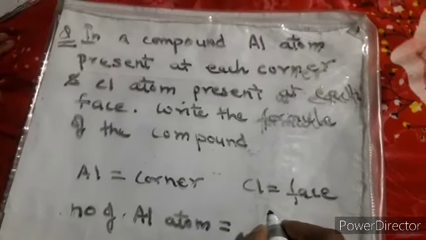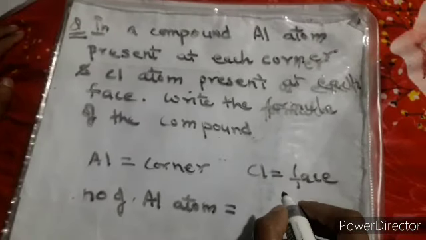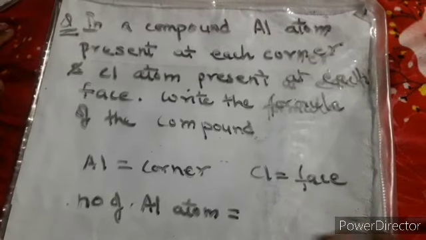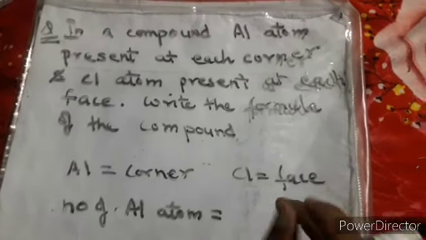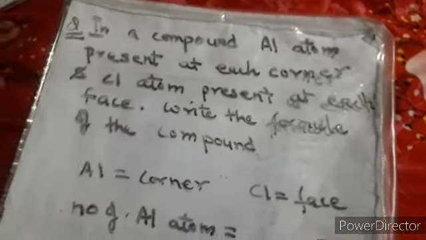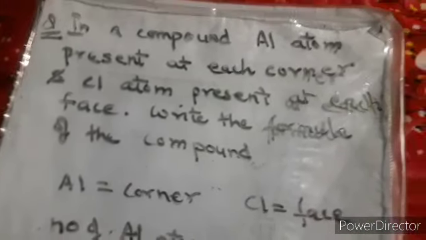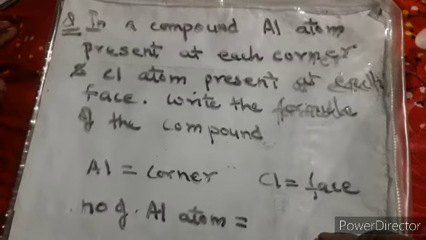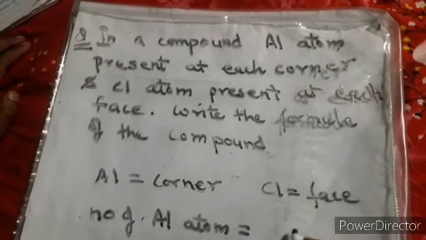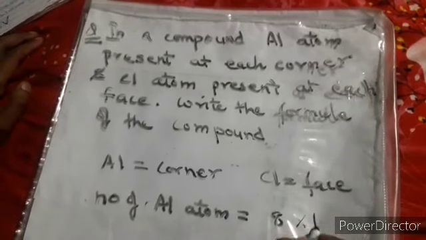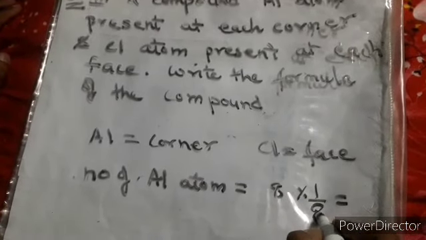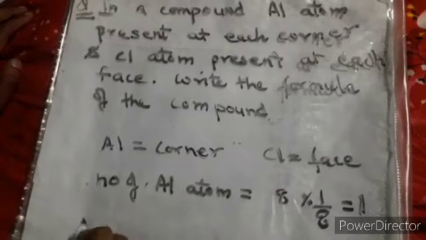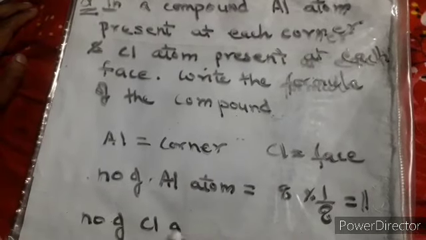The number of atoms present in the corner into the contribution. I'm not writing the formula, but you know the number of atoms in the corner multiplied by 1 by 8, we have seen, like that. So you can apply it over here. So for corners, 8 into 1 by 8 you can write down. So how many atoms are there? 1, right?